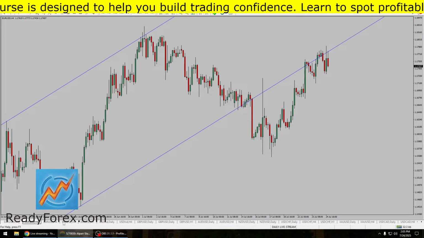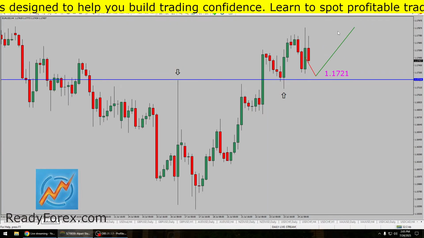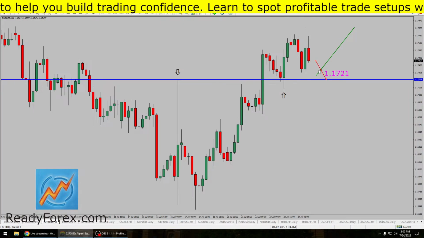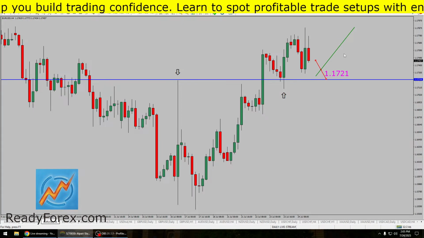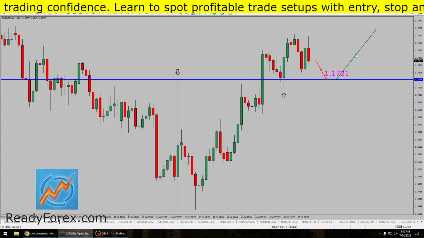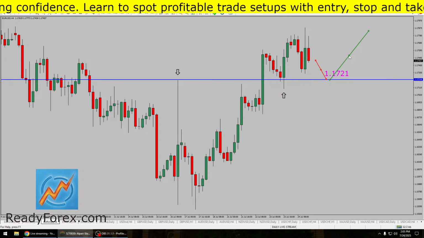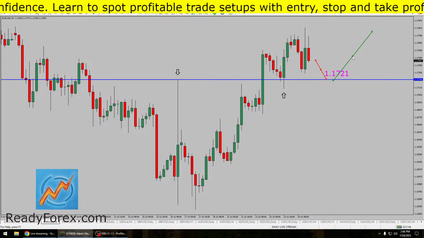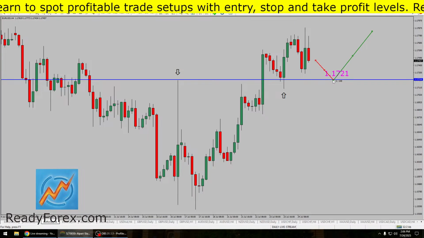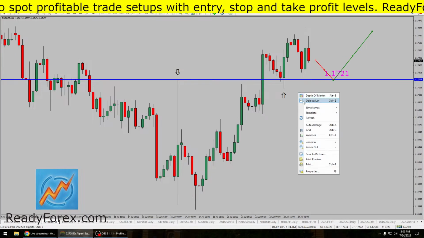That's probably going to happen. So how far is the market going to drop? Well, the minimum expectation that I have is that price action is going to reach the 1.1721 level before the market tries to resume the uptrend.